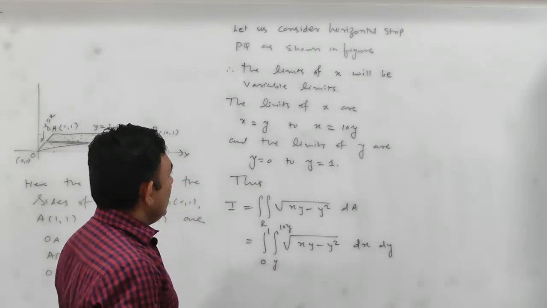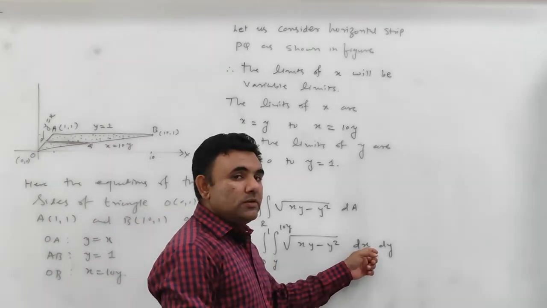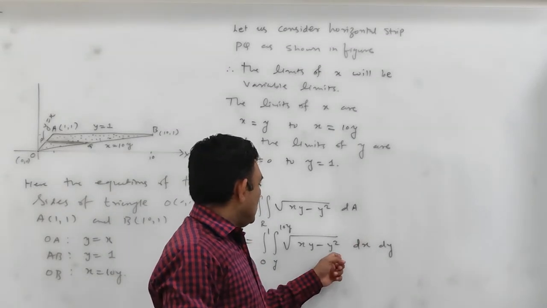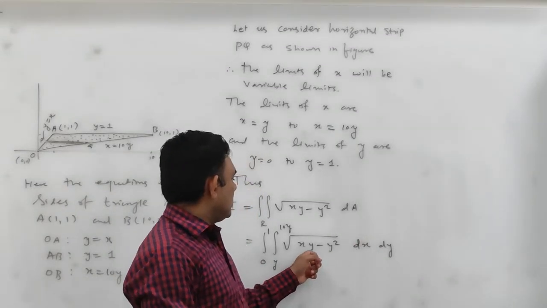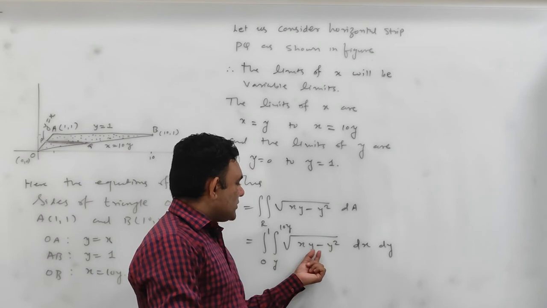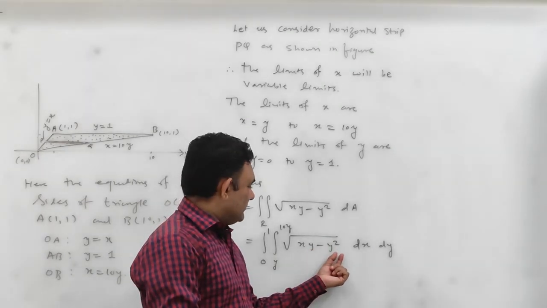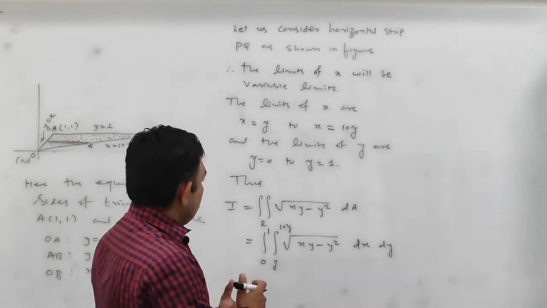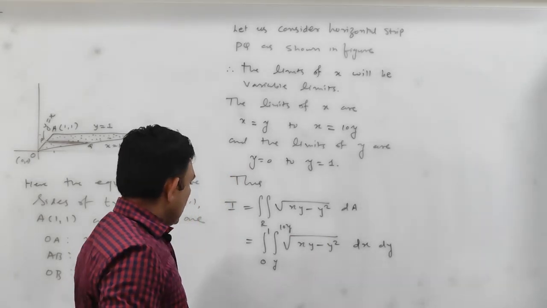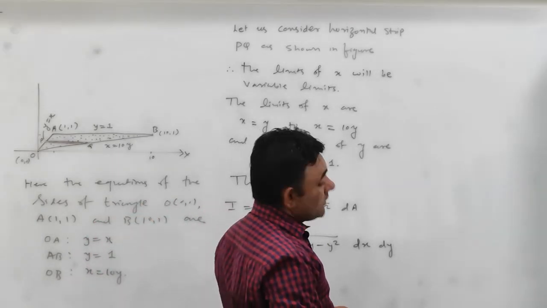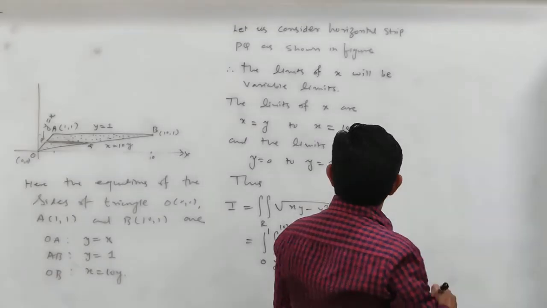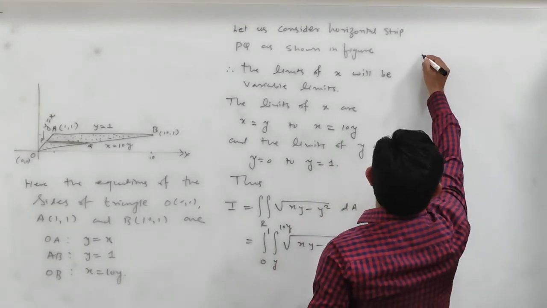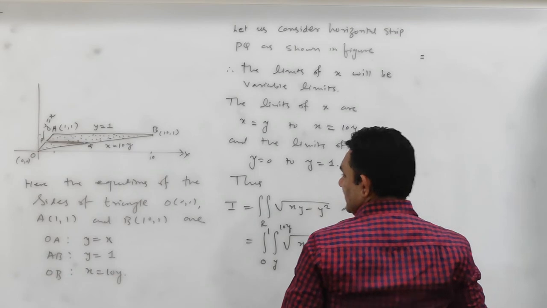So first we integrate with respect to x. So we keep y constant, so it is something like x into constant minus some constant, raised to 1 by 2 power. I hope you know this formula.